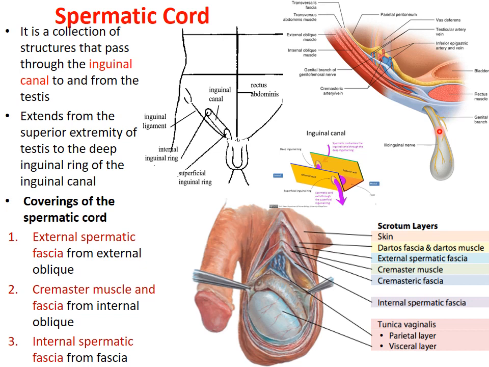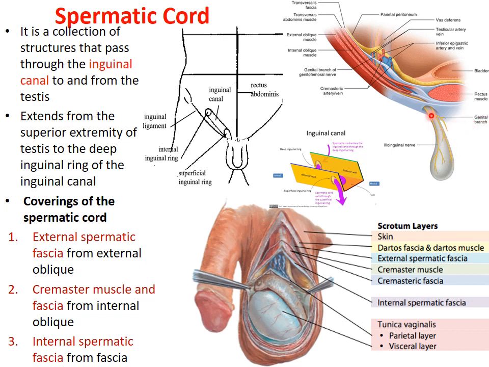Now to come inside the abdomen, what is here in the cord? Arteries, veins, nerves, ductus deferens, and the coverings of the spermatic cord: external spermatic fascia, cremasteric fascia and muscle, and then internal spermatic fascia. Now this is the spermatic cord, from the testis to the abdomen.